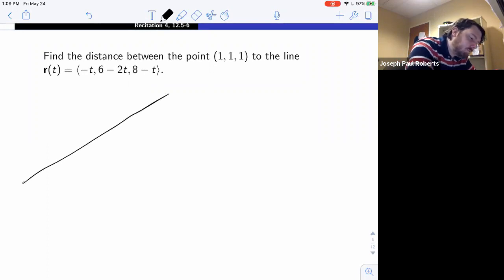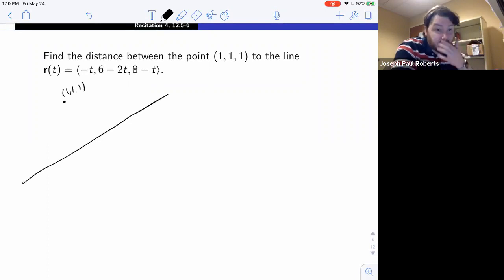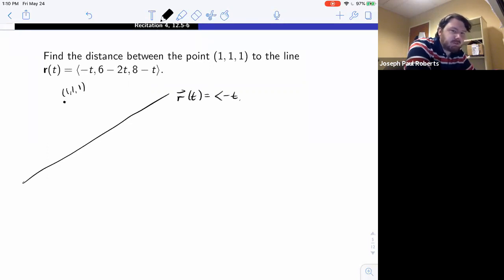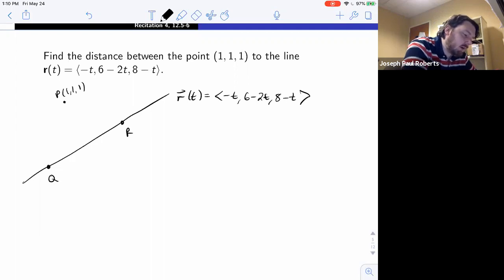So anyway, the picture you want to have in mind for this situation is, okay, we have our point (1, 1, 1). And then we have our line whose equation is r of t equals (-t, 6 minus 2t, 8 minus t). And we want this distance. So what we can do, and I don't know, we could call this P. We could pick points Q and R on our line.